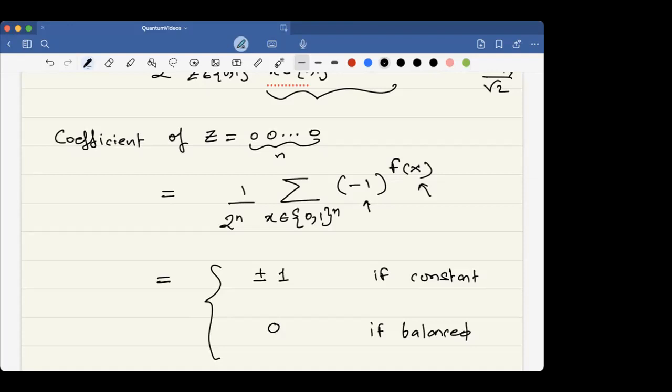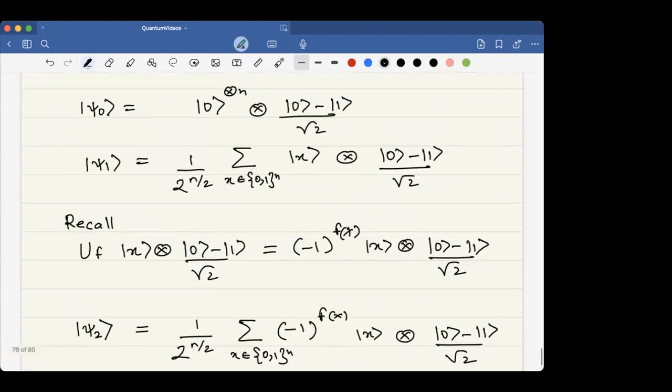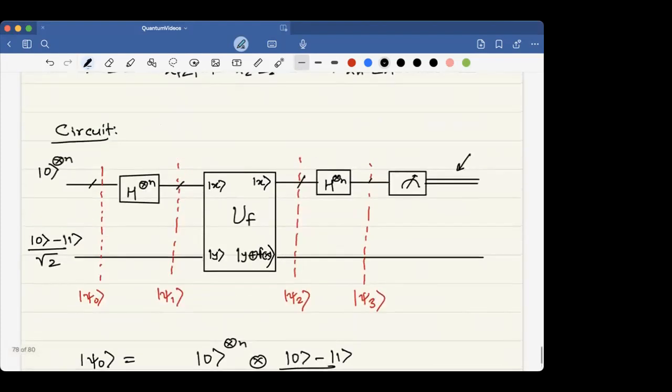Right? So when we measure, if we get the values all zeros, that means the function is constant. If I get any other value of z post measurement over here, right? Post measurement, if I get 0, 0, 0, 0, 0, that means the function is constant.